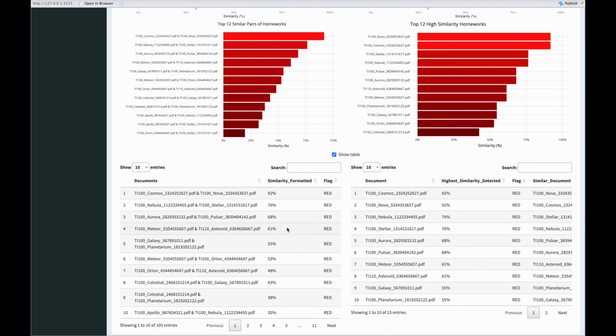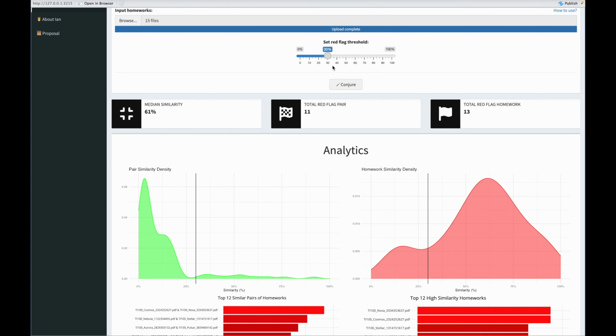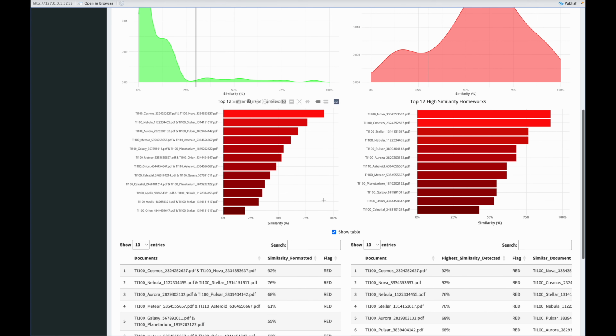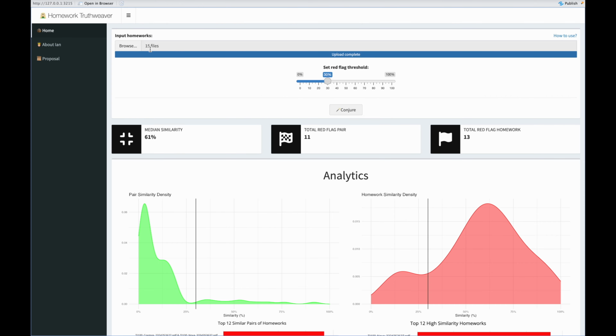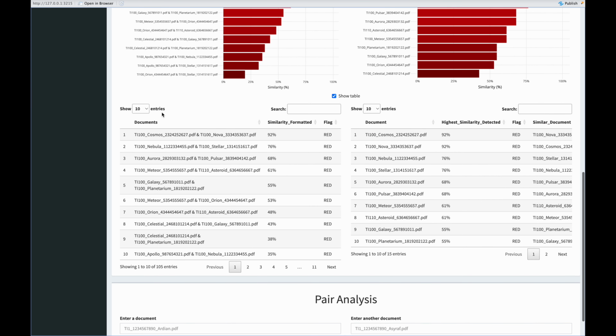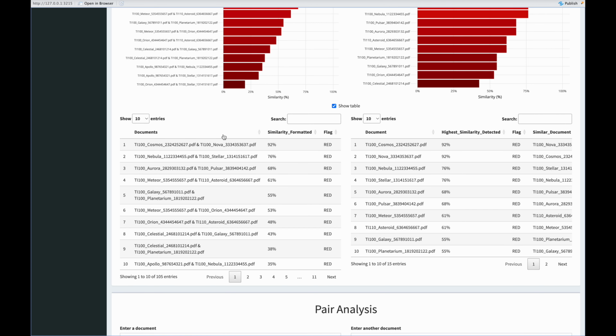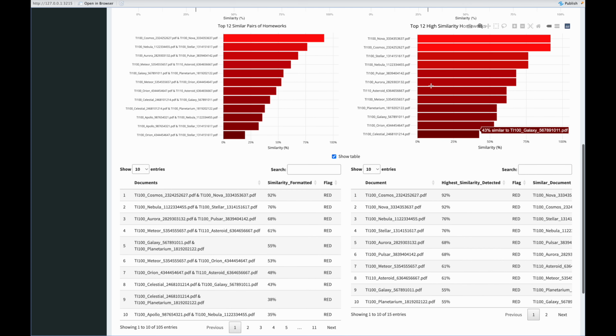Because the similarity is higher than the threshold. If you see right here, there's 105 entries, there's 105 rows, because with 15 documents you're gonna have 105 pairs of homeworks, pairs of documents. Okay, it's really simple. Now let's move on to the right one right here.